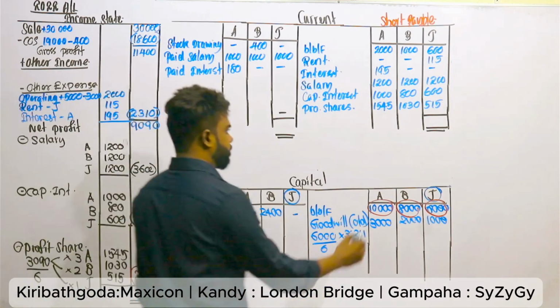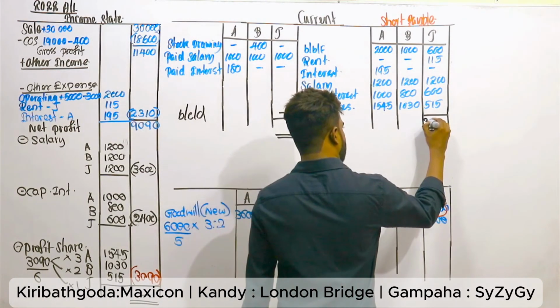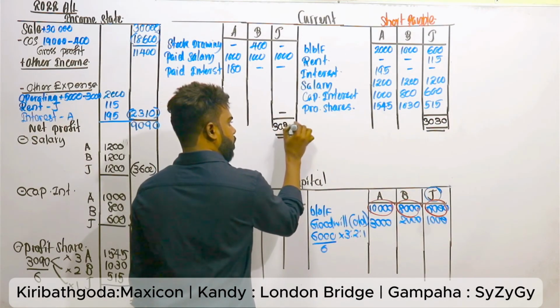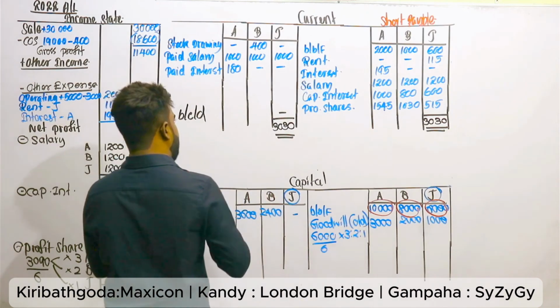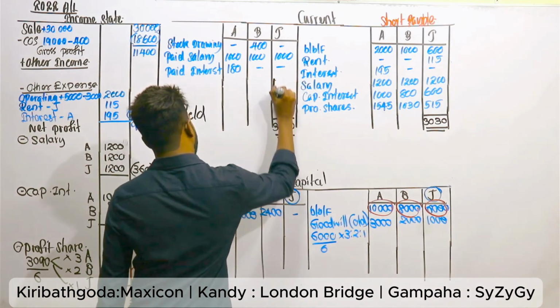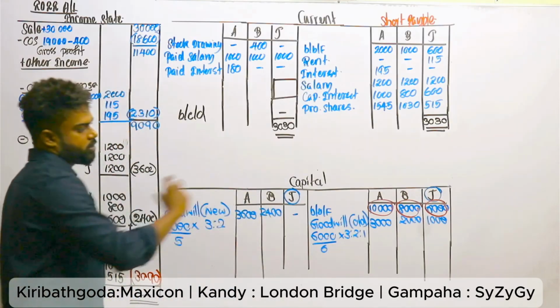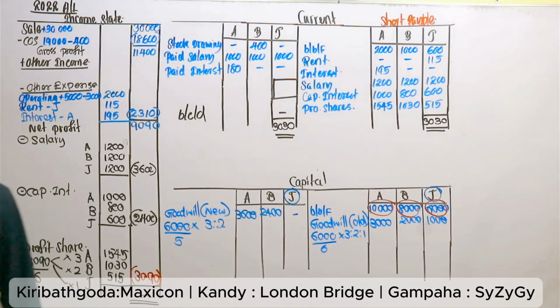3030. Right. So tell me how much the balance is. It should be transferred to the capital account. 2030, right?